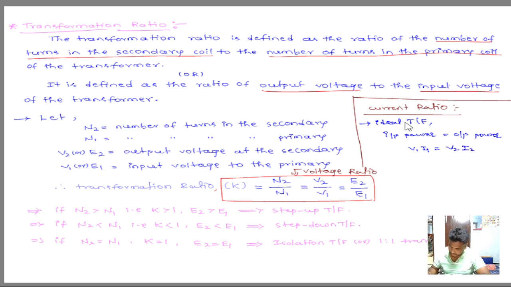From this I am writing, therefore, V2 by V1 is equal to I1 by I2.